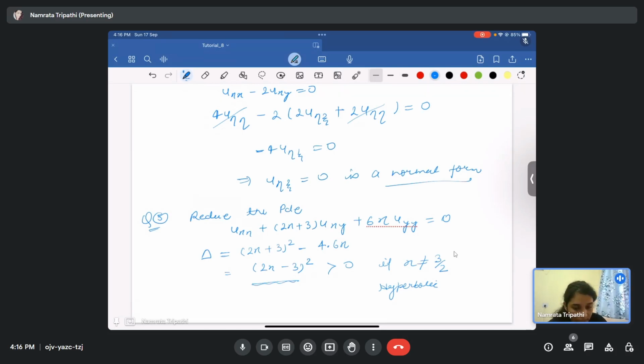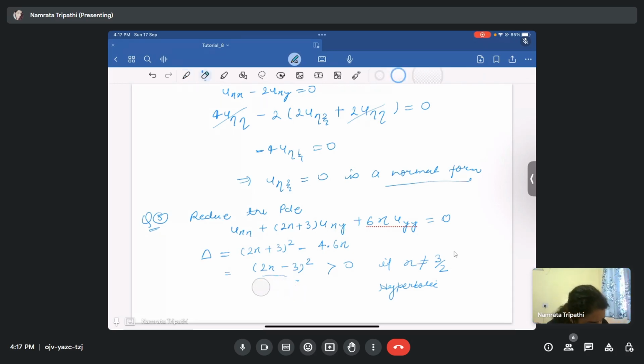But the condition is x should not be equal to 3 by 2. No, I can say if x equals, suppose, minus 5, this is a whole square, so it will always be positive. When we extract 2x minus 3 from under the root, you can take any value. This expression is raised to the power of a square, so it will automatically become positive.